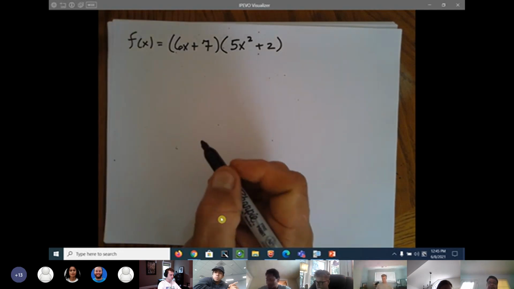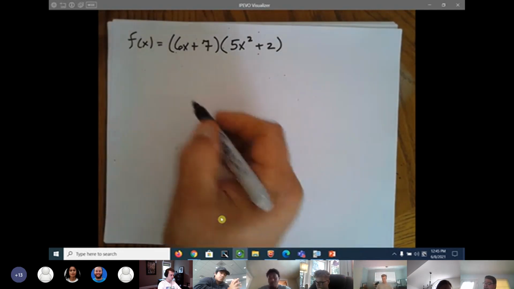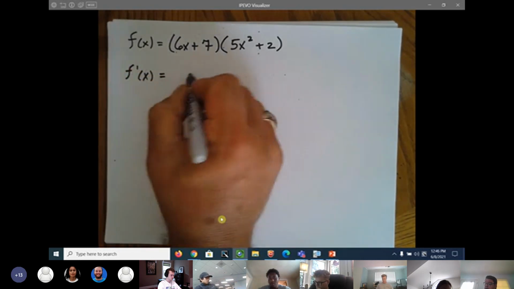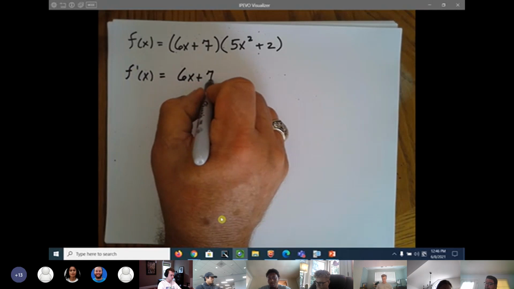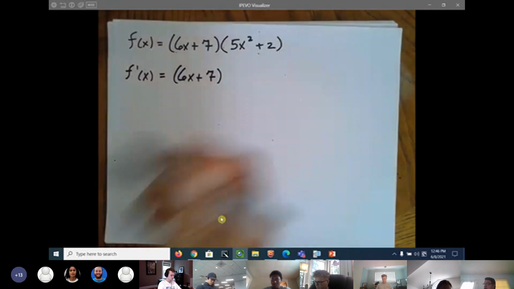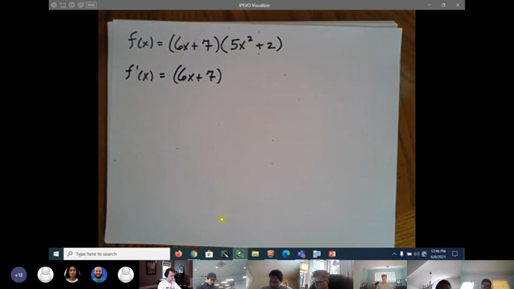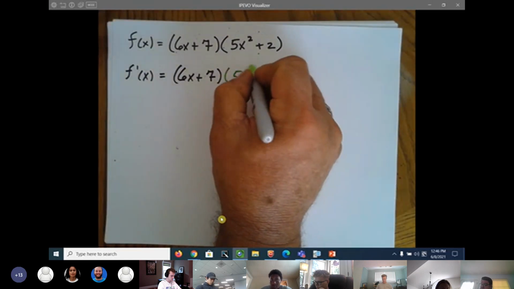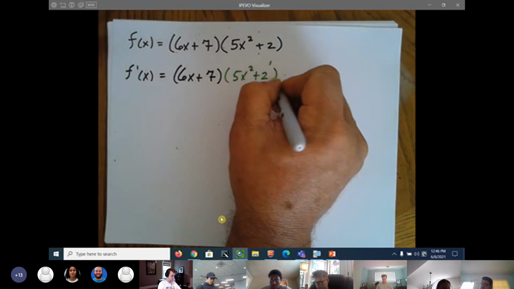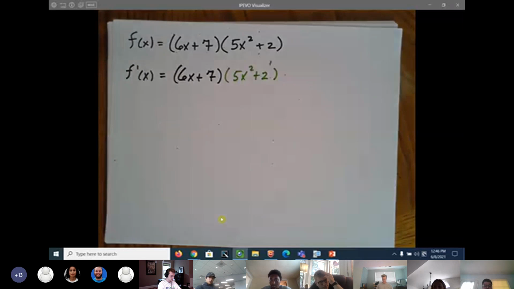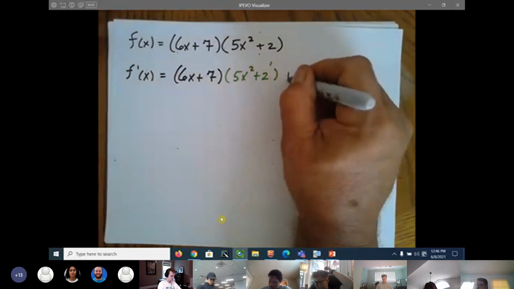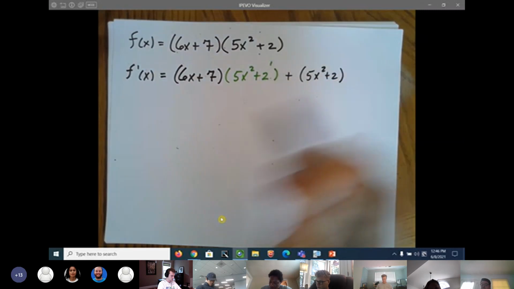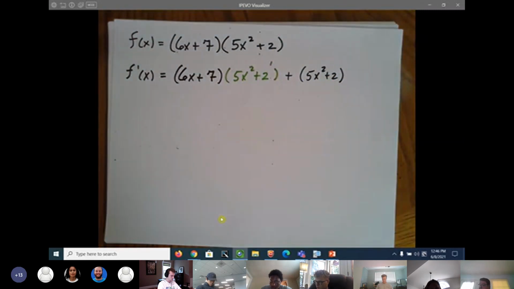So, first, f prime of x. First times the derivative of the second, plus the second times the derivative of the first.